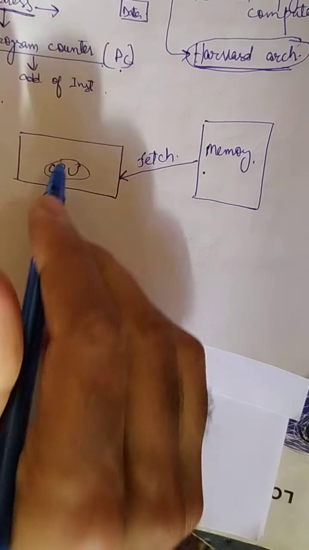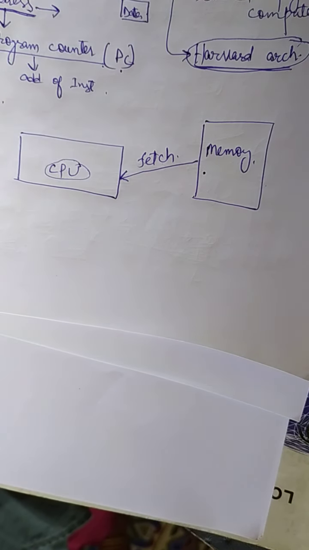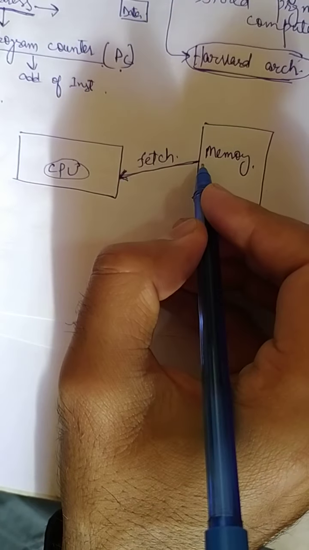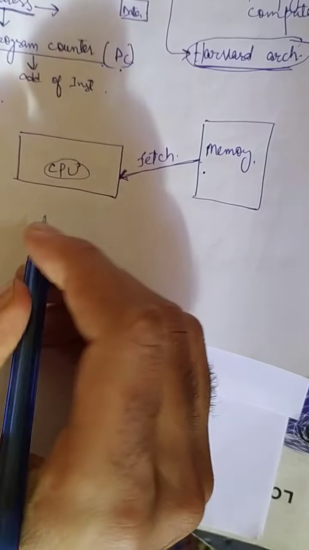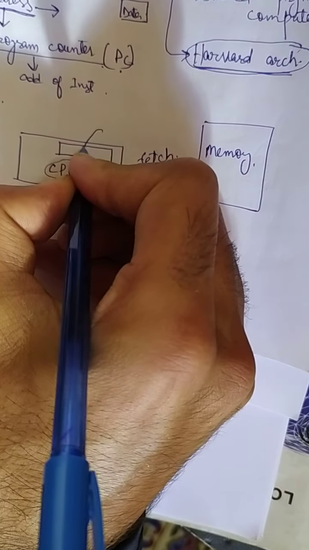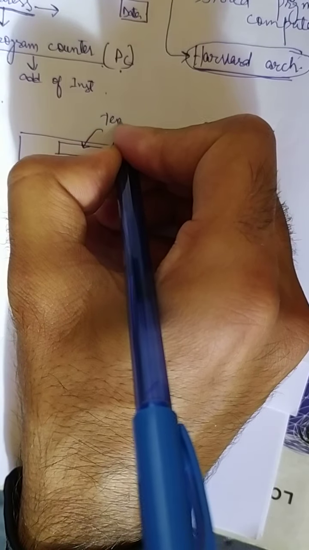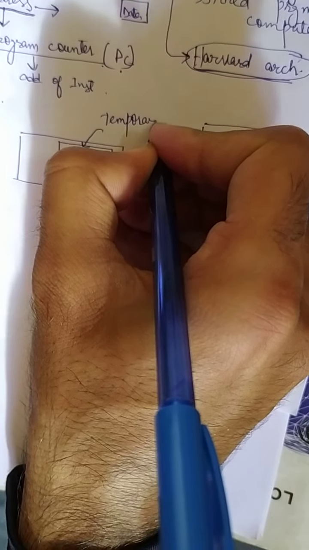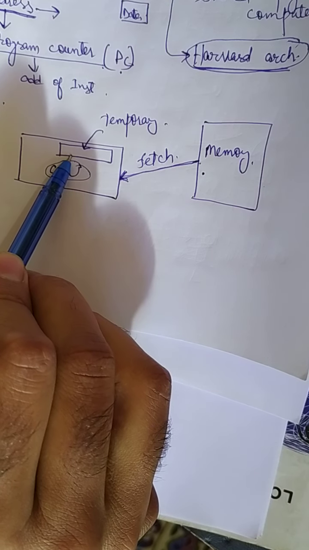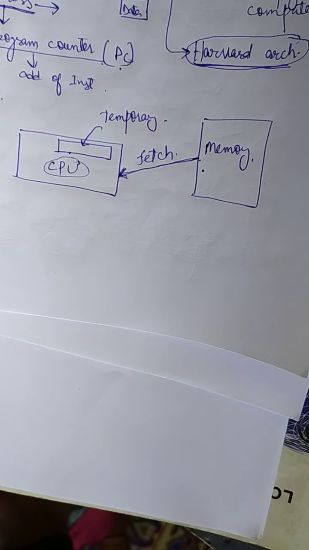So what the computer architects thought was, instead of fetching the data from memory each time, let's fetch the data from memory, but keep this data stored in some temporary locations inside the CPU. Why are we using these temporary locations?